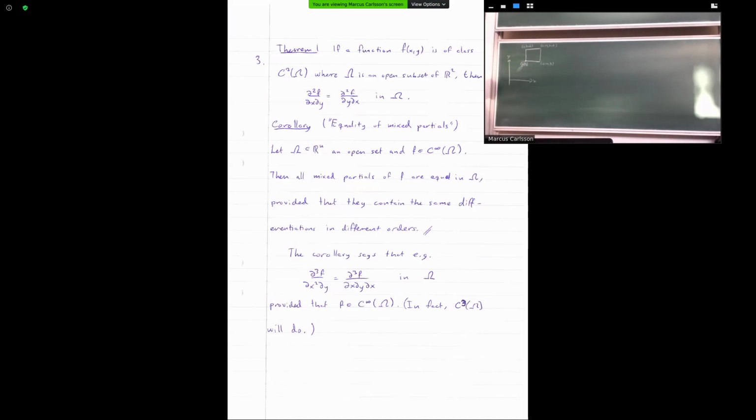So let's see how this square naturally comes into the game. We're interested in the partial derivative of f with respect to x at the point a, comma b, let's say. This we know is approximately equal to f of a plus h, comma b, minus f of a, comma b, divided by h.